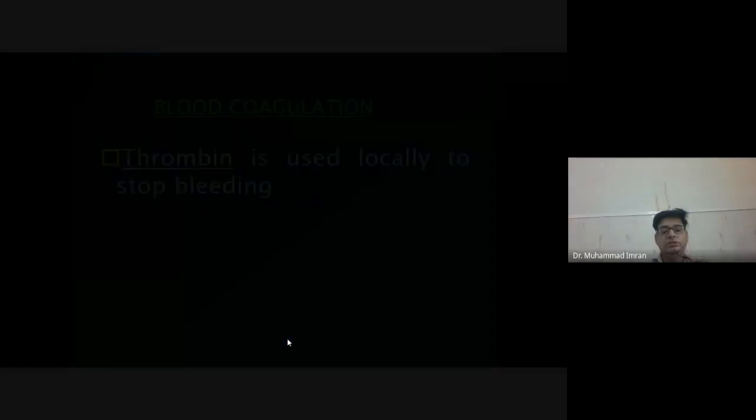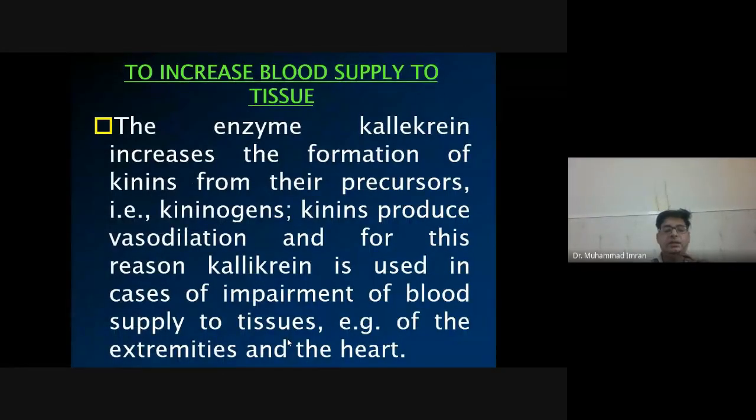Thrombin is a protein which is used to stop bleeding because it helps in clotting. To increase the blood supply to the tissue, we use kallikrein enzyme, which is responsible for the formation of kinin from their precursor kininogens.